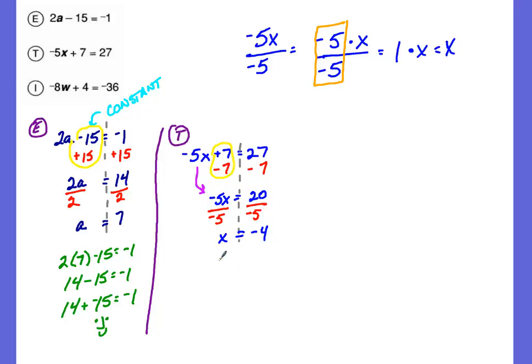And here's where the check is super important. The check will tell you if you made a mistake. Let's say that you did this and you said, I get 4. So then you check with 4. You stick in a 4 and you go negative 5 times 4 plus 7.